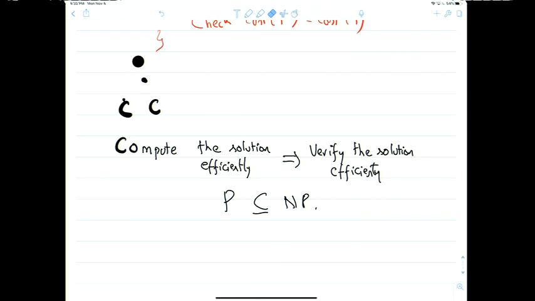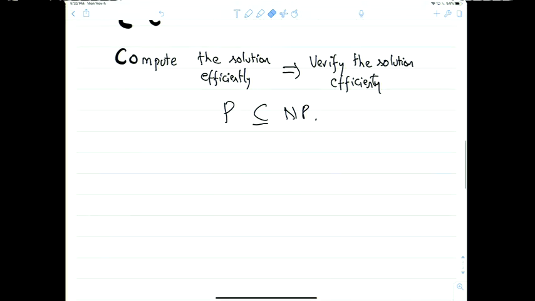What happens to problems that cannot be verified in polynomial time? So the question is, are there problems not in NP that you cannot verify in polynomial time? Do you have any suggestions? Yeah. What's the best move to play on a board of chess?